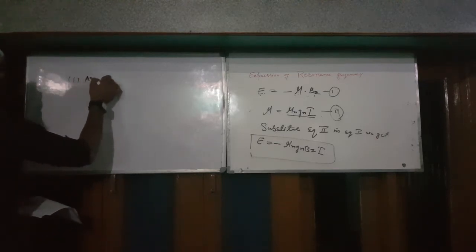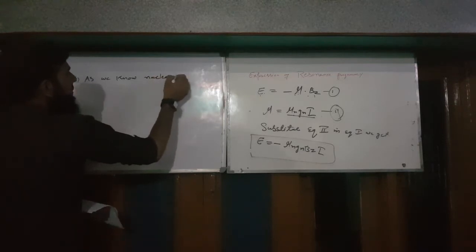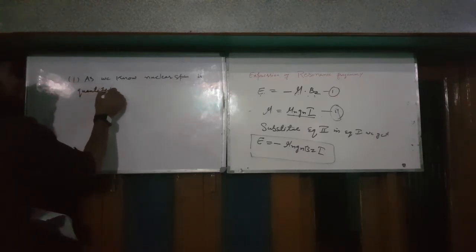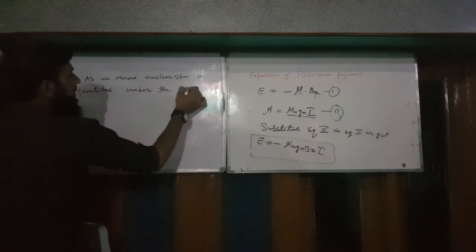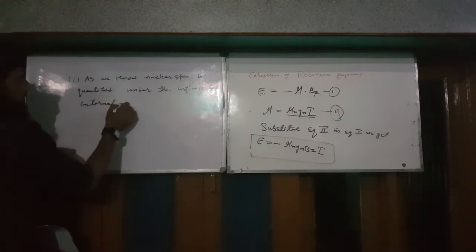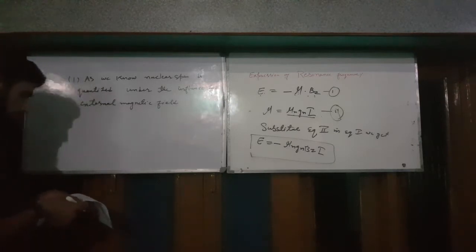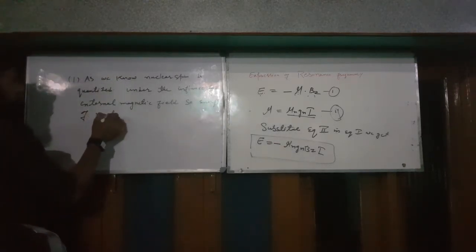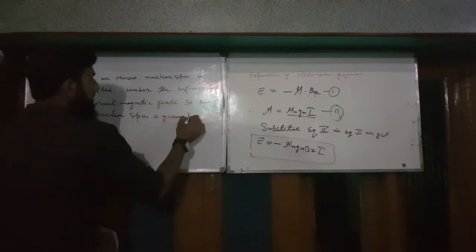As we know, nuclear spin is quantized under the influence of an external magnetic field, so the energy of nuclear spins is given by Mi values.